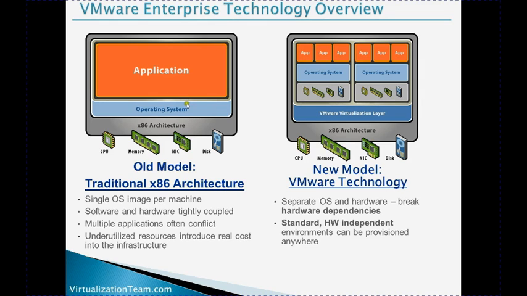In the new model with VMware technology and virtualization, the operating system has its own standardized virtual machine hardware. So it's a virtual hardware. It doesn't really correspond to whatever hardware is installed in the box.